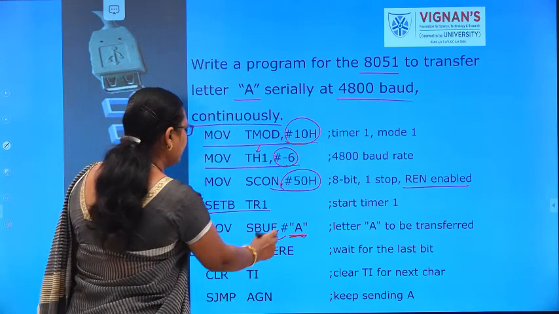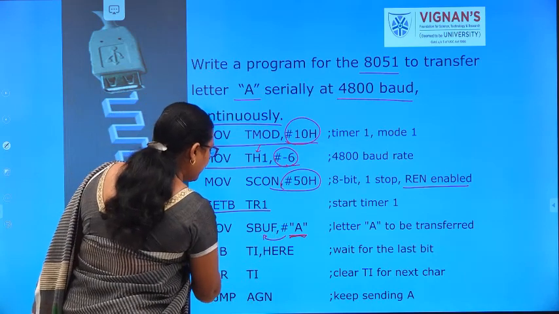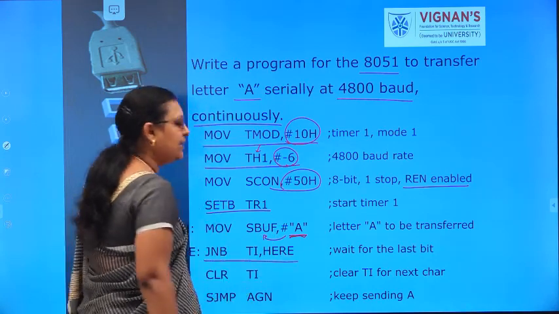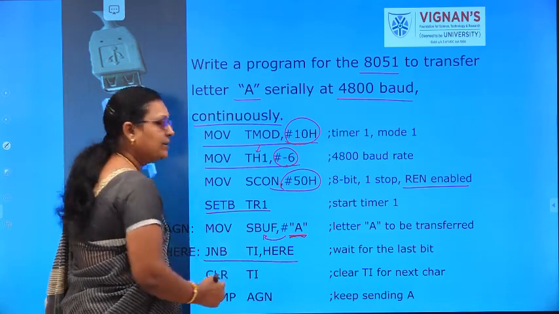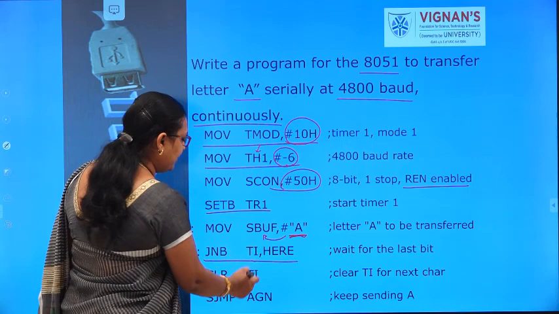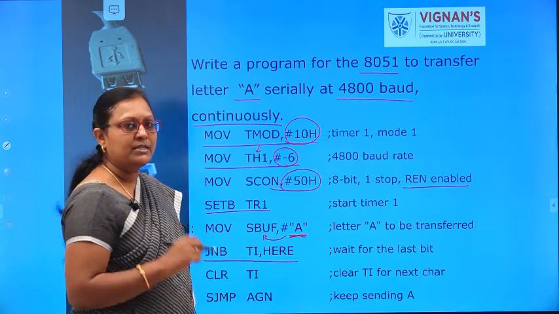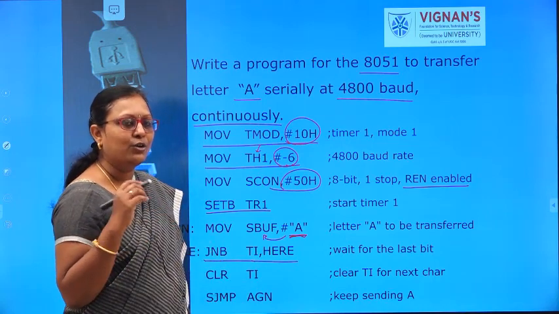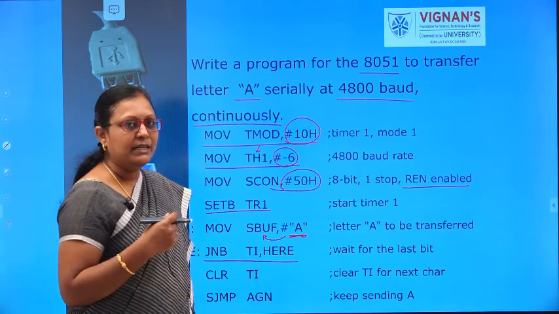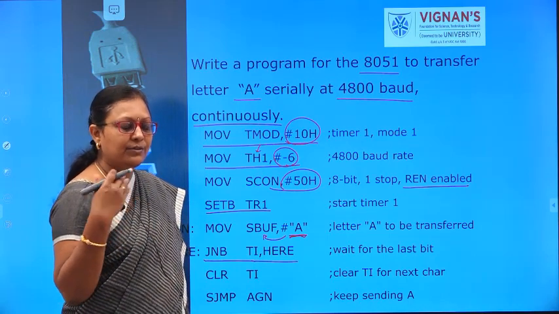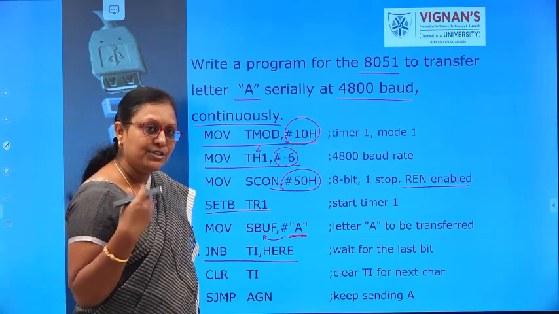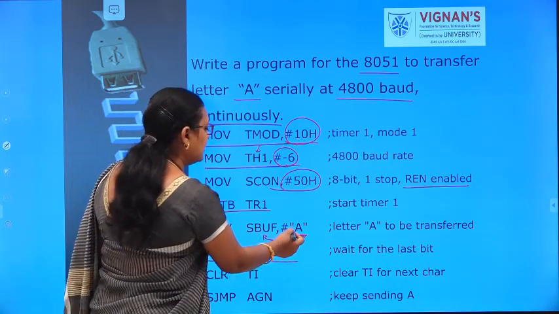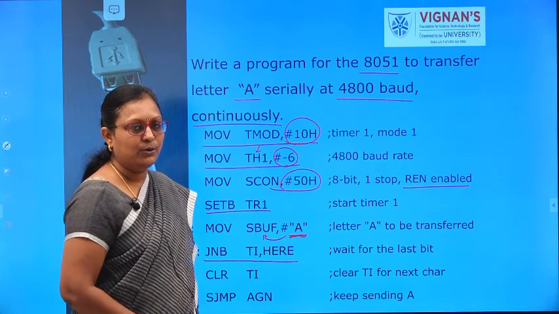When you have written into it, you give the instruction JNB TI, sorry, this is TI, not T1. With this instruction, your transmit interrupt flag will be checked continuously until the A has been transmitted serially.